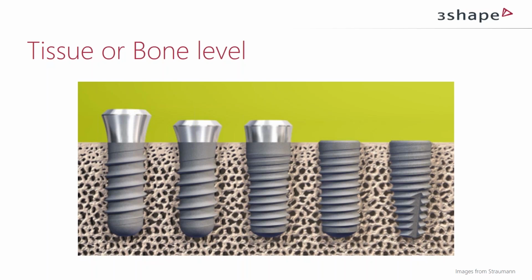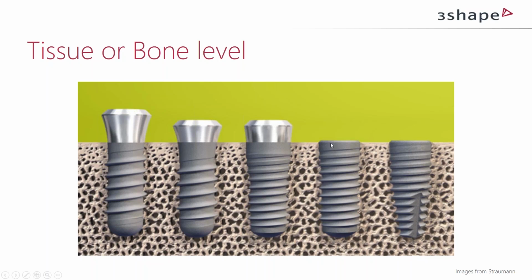What we see here is also the question if I should go tissue level, actually having the implant penetrating the soft tissue, as we see on the left here. These are Straumann implants, and they are the first ones, or actually the biggest ones in the tissue level implants. And if the implant penetrates the tissue, of course we can expect very good healing in this area.